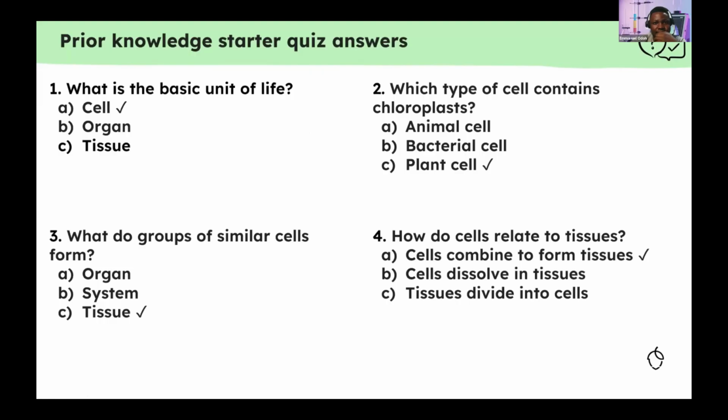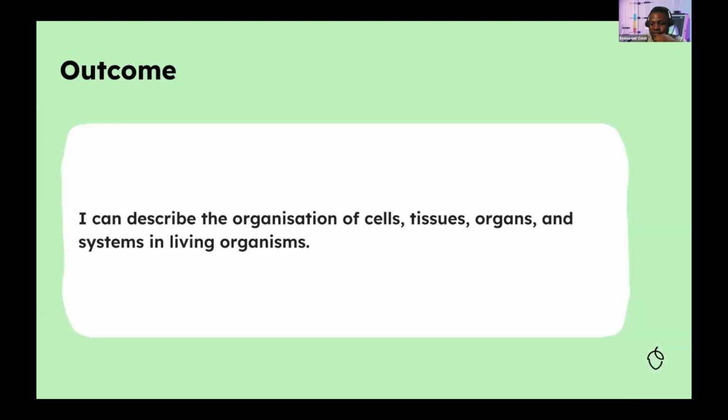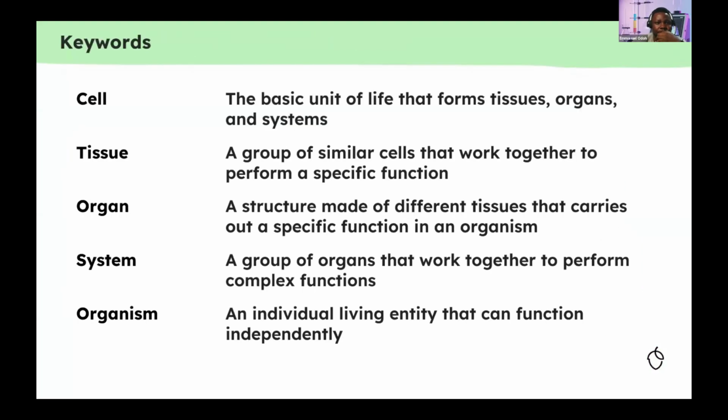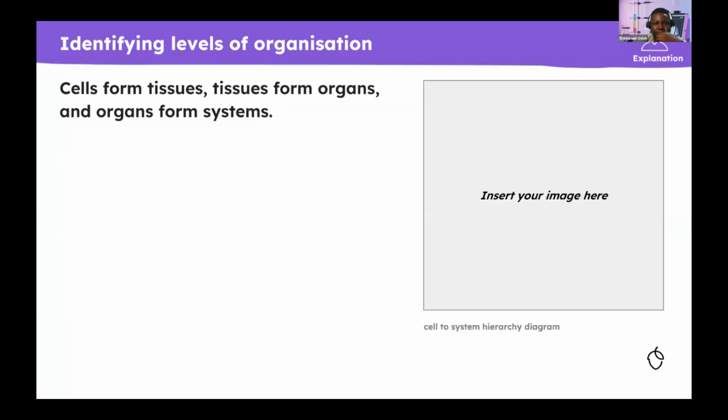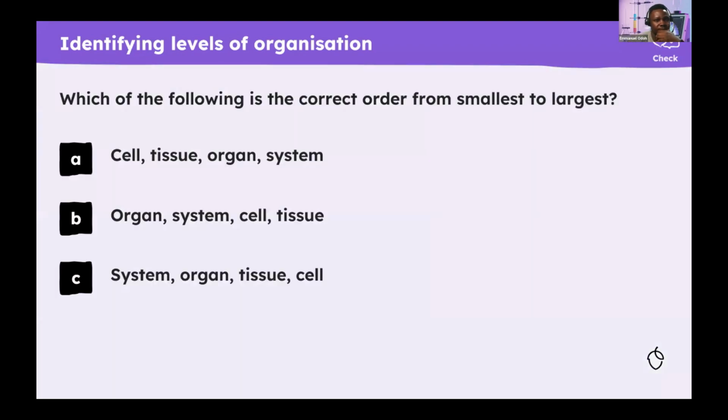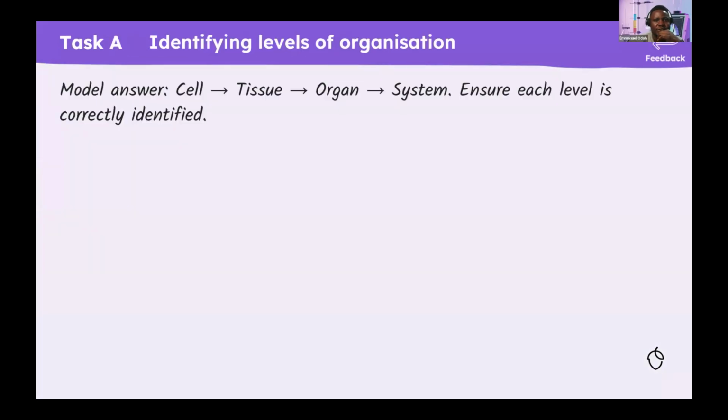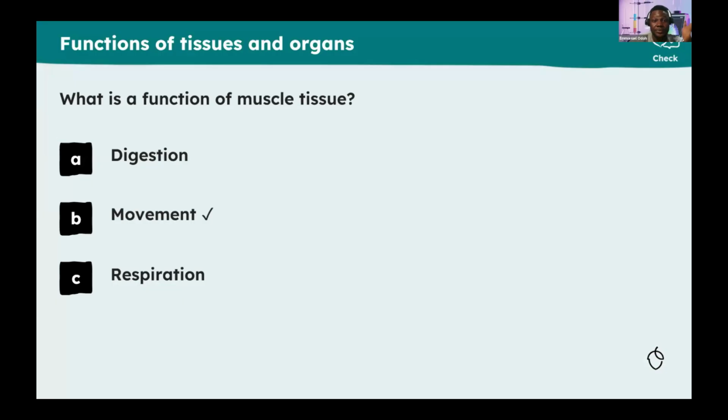So these are the answers. Lesson outcome, keywords, outline. You can add your own image. Which of the following is the correct order? So you can add your own content, just giving a brief outline.